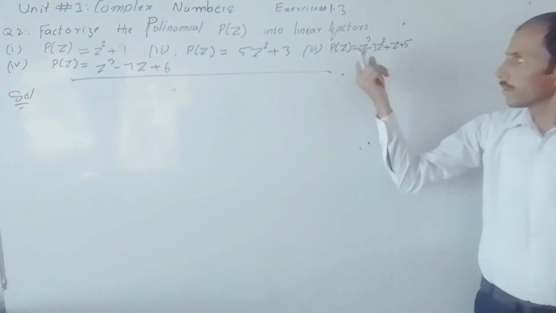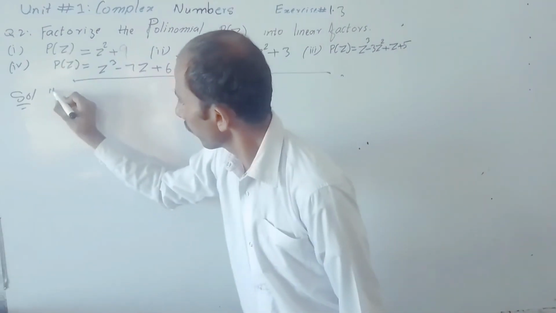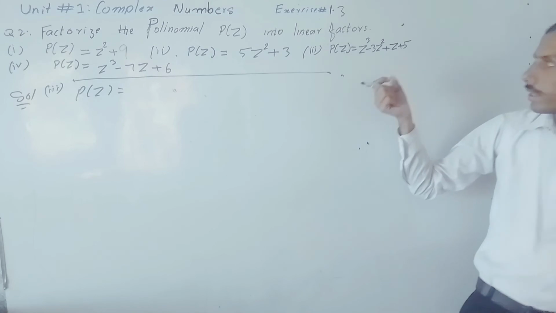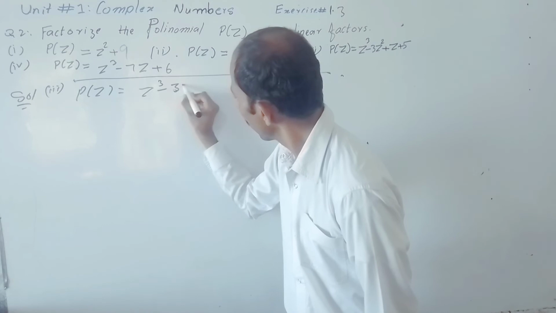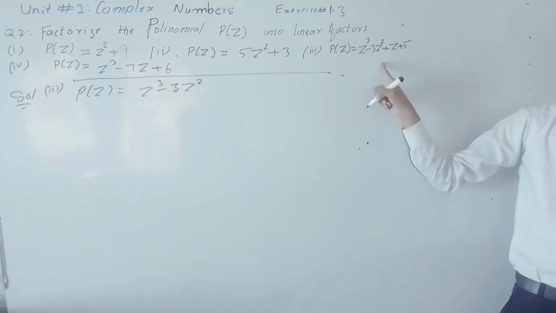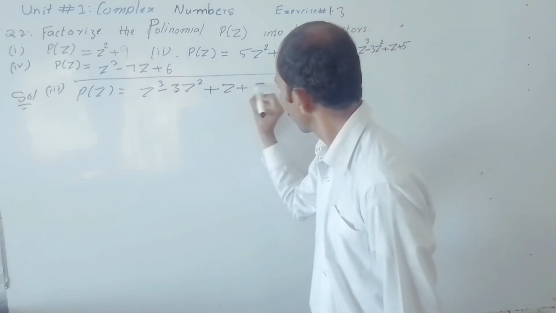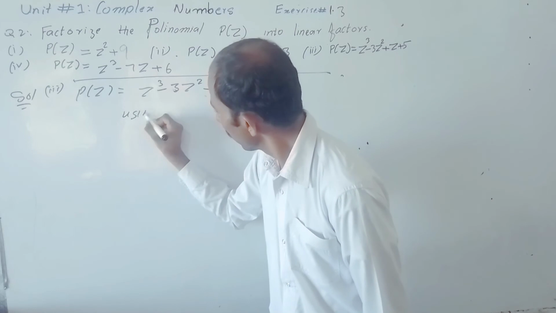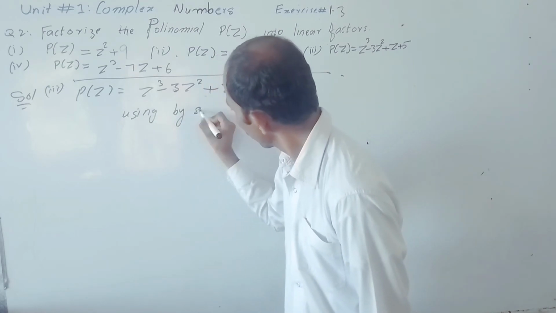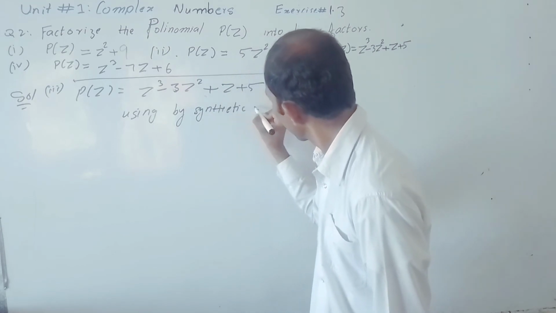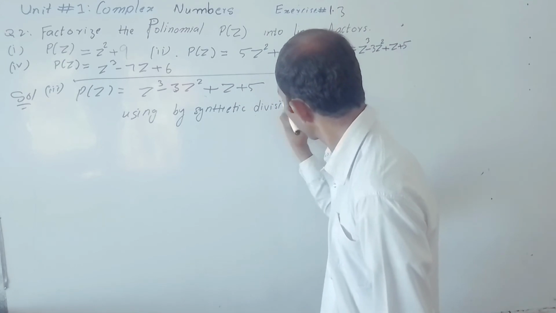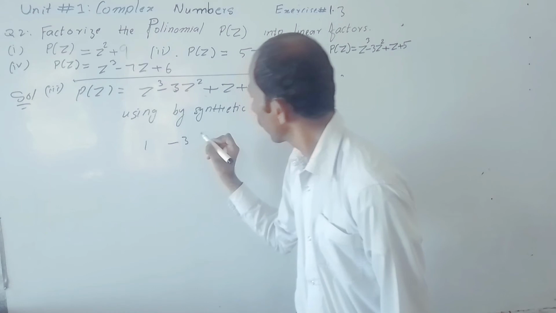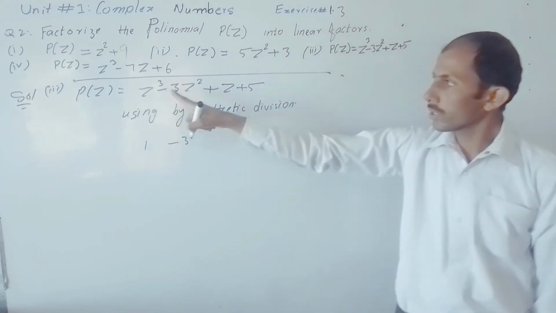Part number 3, that is p of z is equal to z cube minus 3z square plus z plus 5, using synthetic division. So 1, minus 3, z cube minus 1.